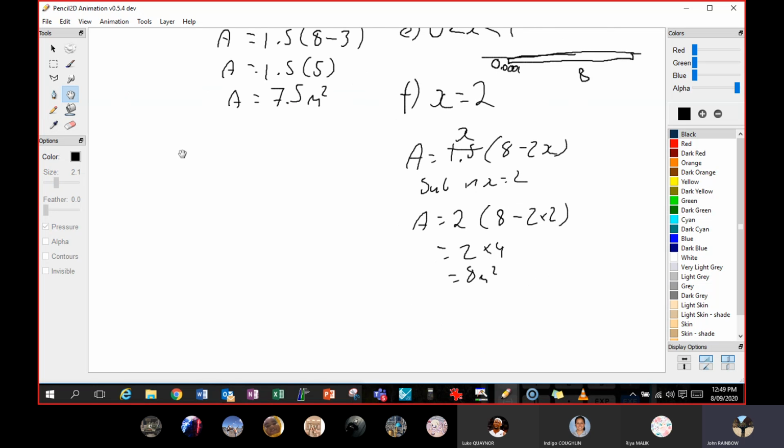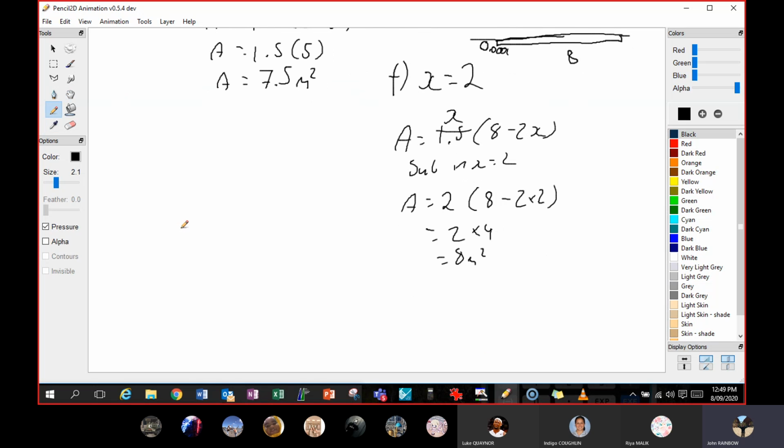Now, if you think it's 2, technically if we went a little bit either side, say we made x equal 1.9 and x equal 2.1, we'll see if that's less. So if x equals 1.9, the area equals 1.9 times (8 minus 2 times 1.9).